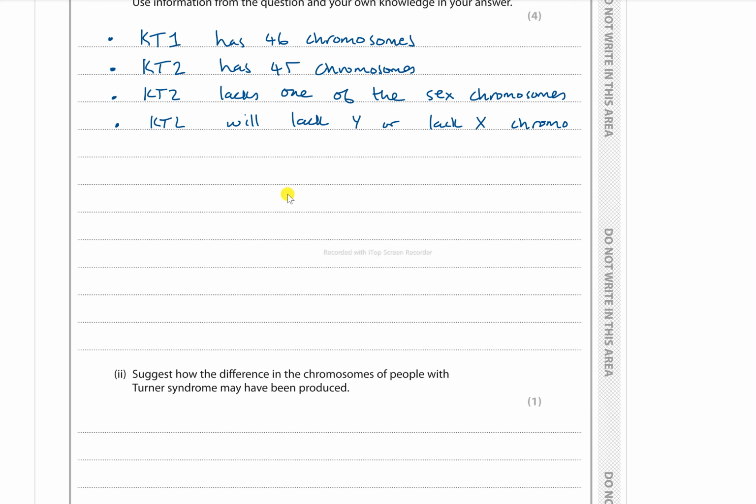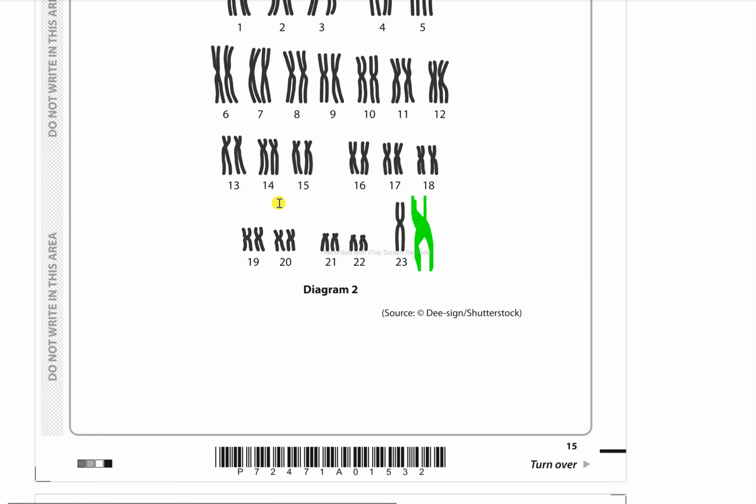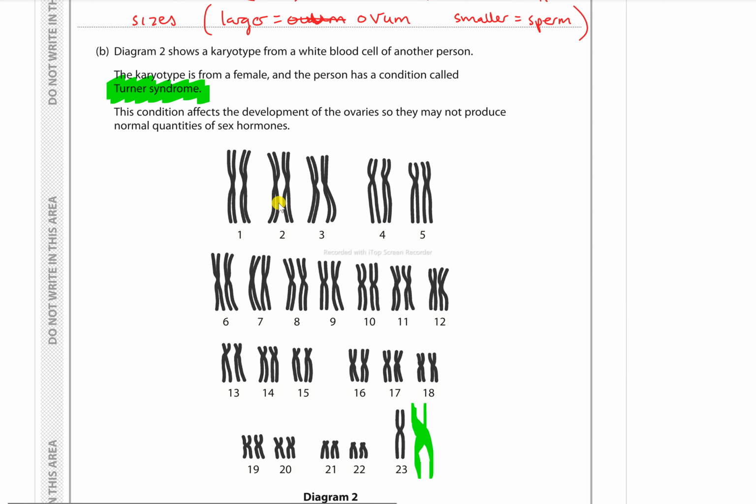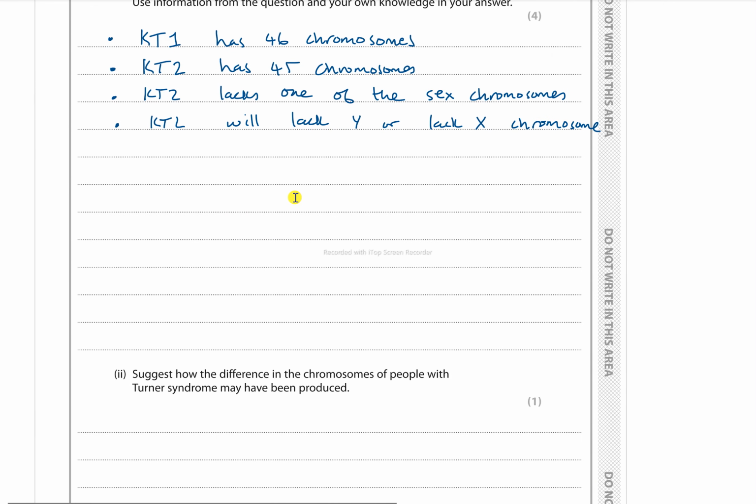We don't know which one. I'm assuming, because it says it affects the development of ovaries, that it's gonna lack the X chromosome. I don't know if I'm allowed to make that assumption.